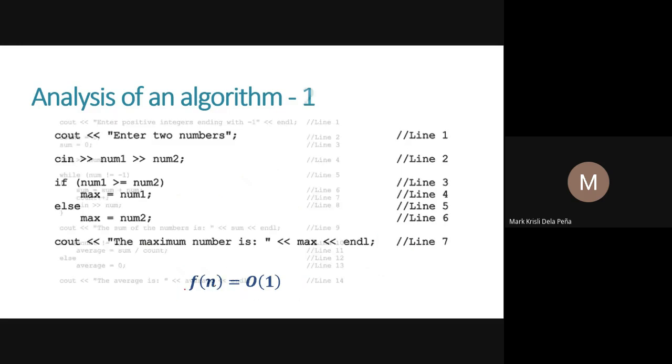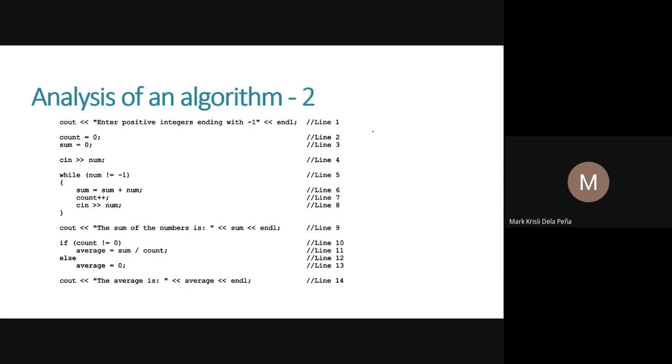Then this one, if we recall, this function is n squared plus n, I think. If we recall, is it n squared plus? No, I think it's not n squared plus. Let's just count it again.